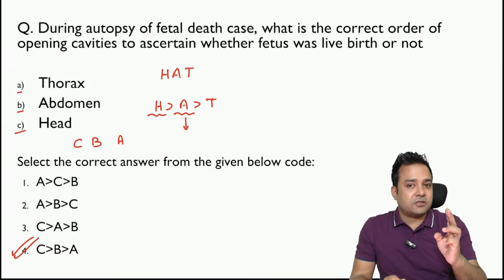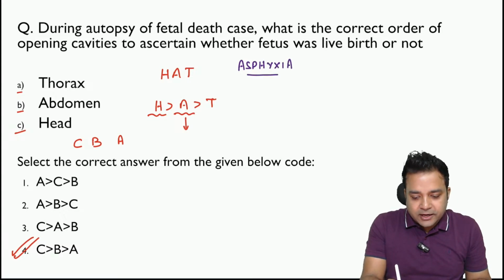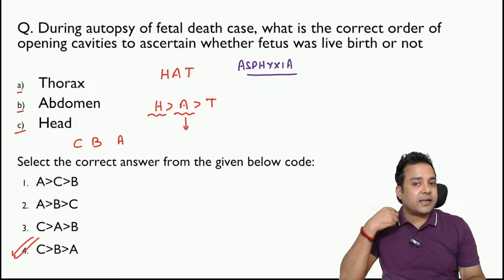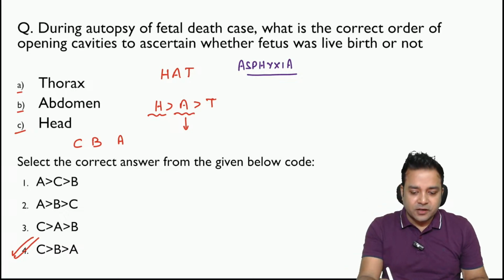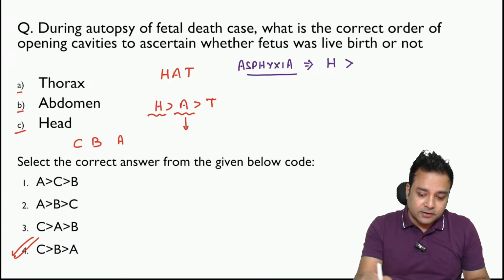Now, along with this, we should also remember what body cavities are to be opened in asphyxial deaths. What is the sequence? In asphyxial death, my cause of death is lying inside the neck area. So what we do is open the head first, followed by the abdomen, followed by the thorax, followed by the abdomen.